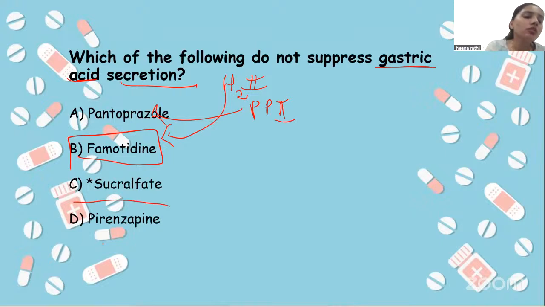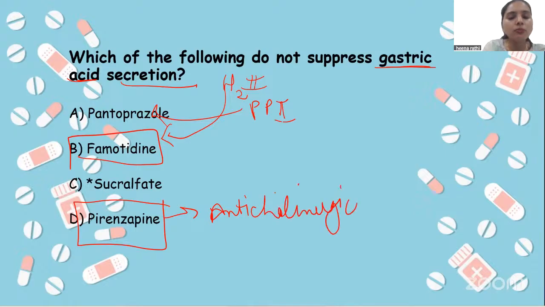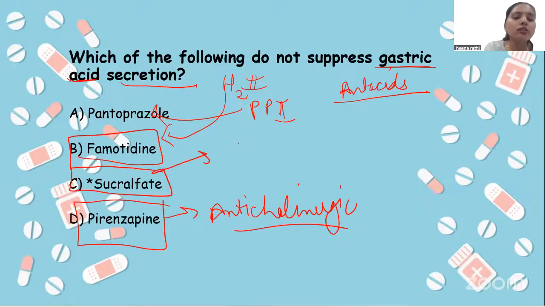So the drugs like pirenzepine. Pirenzepine is the anticholinergic drug. The second type of drugs which can be used for gastric acid are the antacids, which do not reduce the gastric acid secretion, they just neutralize the gastric acid. So then we are left with sucralfate. What is sucralfate?